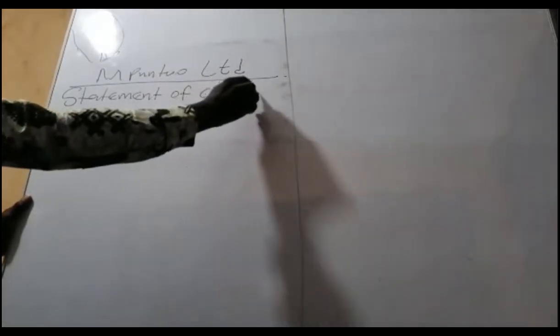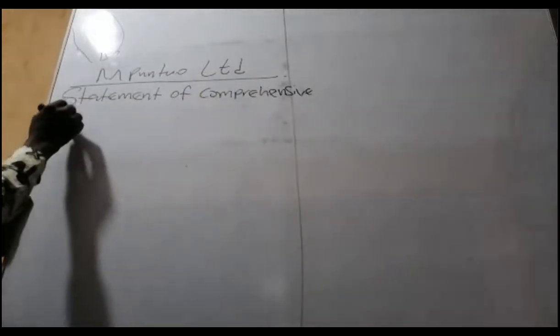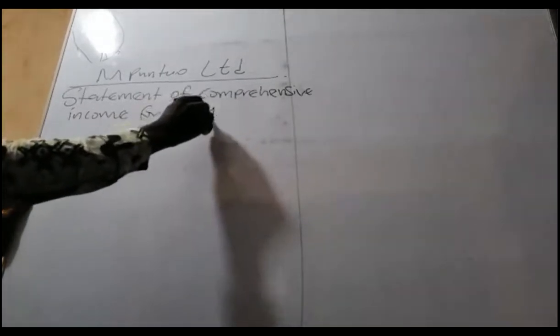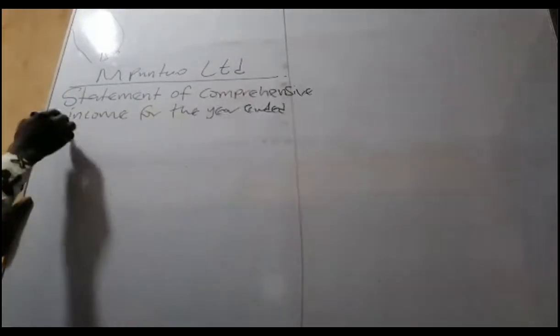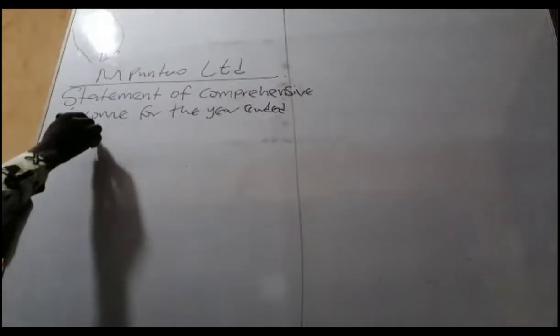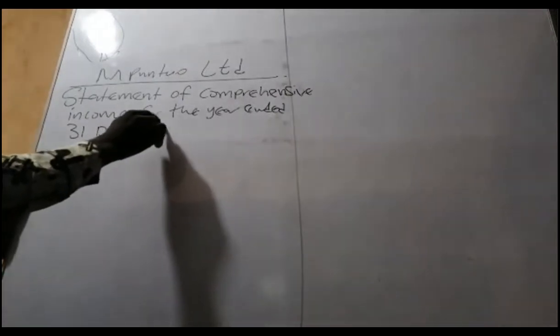So statement of comprehensive income, for the year ended 31st December 2018.